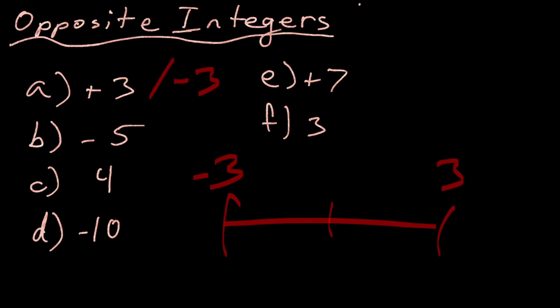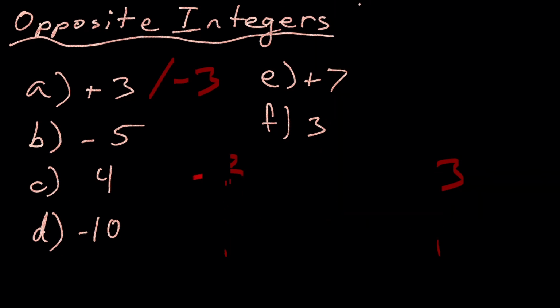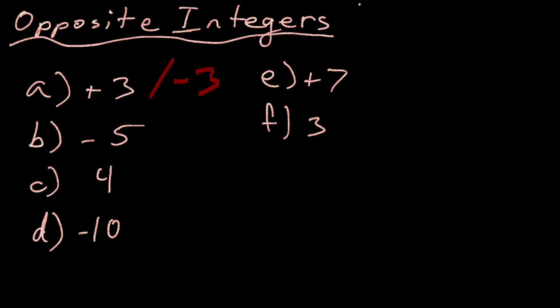So that's the opposite integer there. The opposite integer to the rest of these, I just want you to consider them, have a look before we write them down here. So this would obviously be 5, minus 4, 10, negative 7, and negative 3.